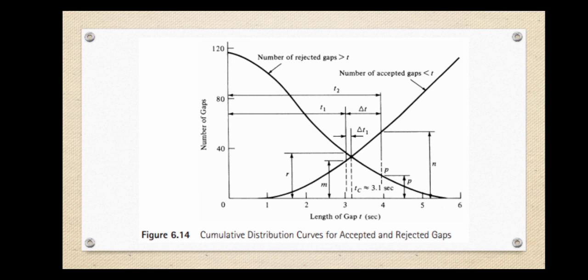One relates gap length t with the number of accepted gaps less than t, and the other relates t with the number of rejected gaps greater than t. The intersection of these two curves gives the value of t for the critical gap.